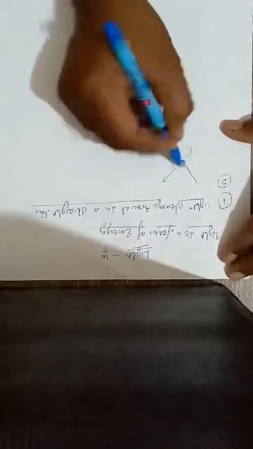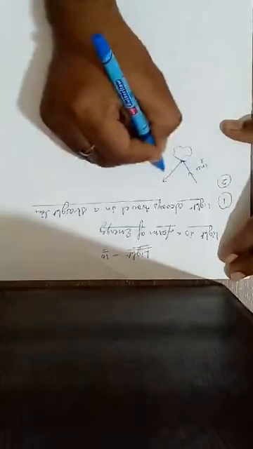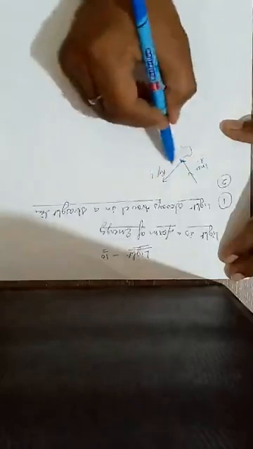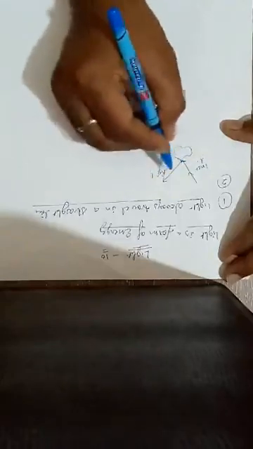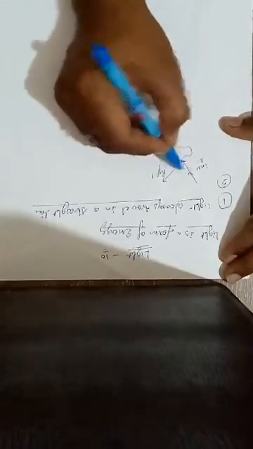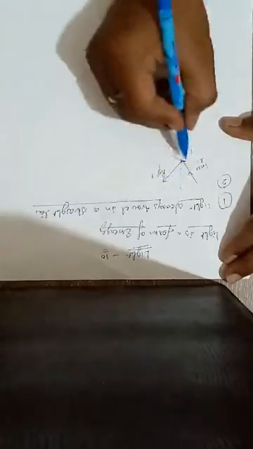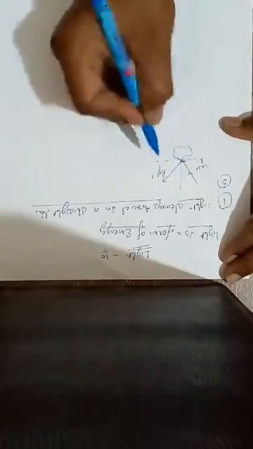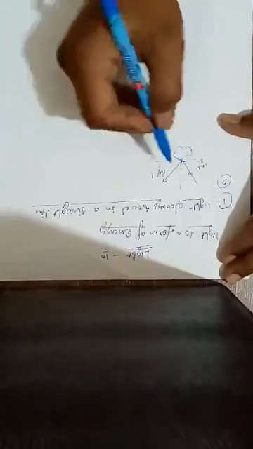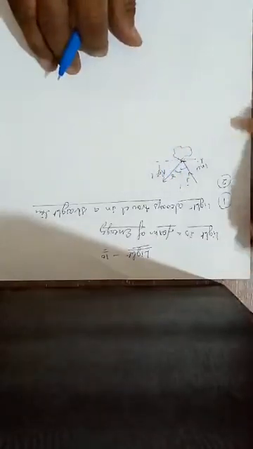Now this is the incident light, and this is the reflected light. The angle of reflection depends on the angle that the incident ray makes with the normal. Normal is an imaginary perpendicular line on the surface of the object where the incident ray strikes. So here this is the angle of incidence and this is the angle of reflection.